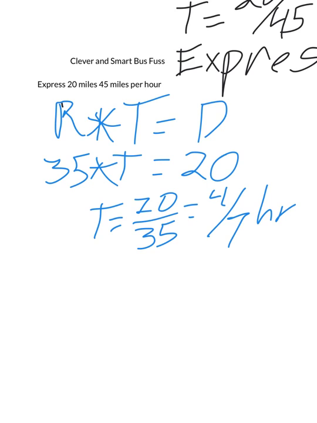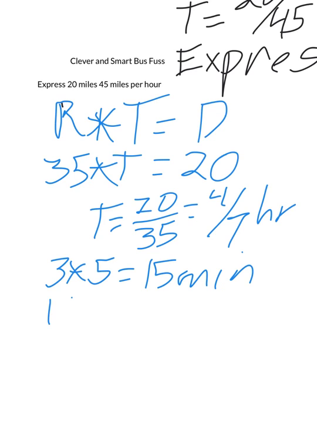Okay, so that was that. But for the limited, we need to add in our 3 5-minute stops. 3 times 5 equals 15 minutes.